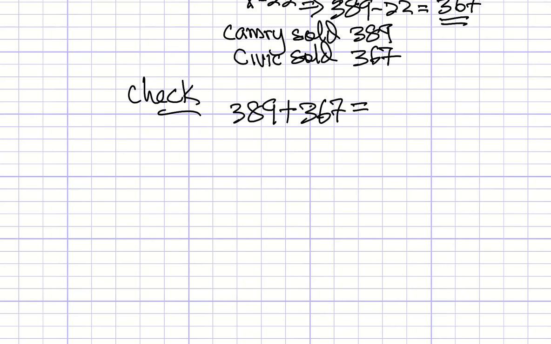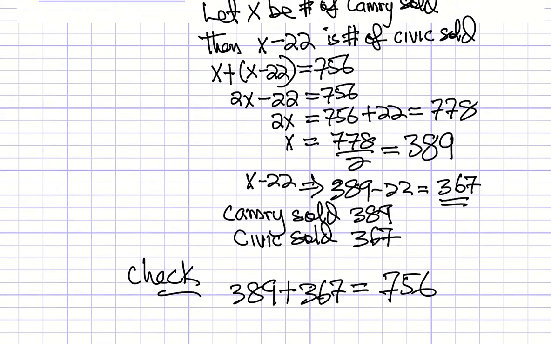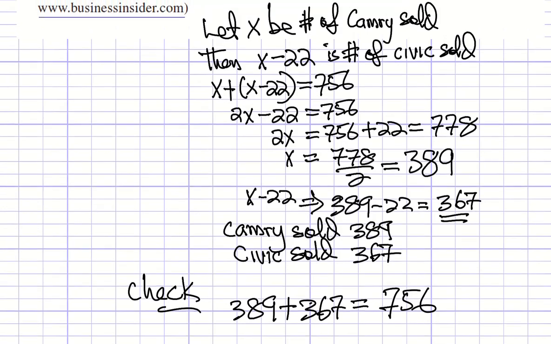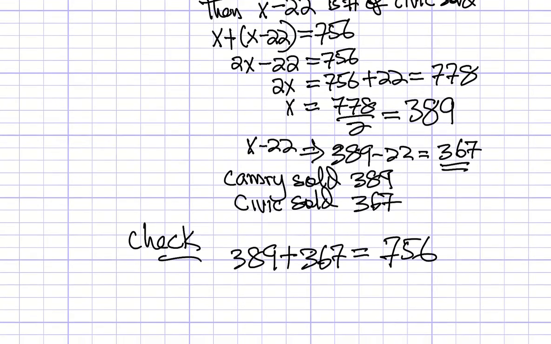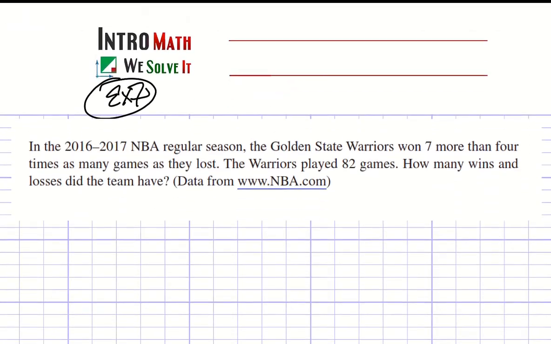Yes, they do. They add up to 756. And another thing you can do, since Honda Civic sold 22 less than Toyota, you can play with that. Well, we already played with that, so there's no need to be dancing around. So the checking we did is okay. We'll move on to the next one.